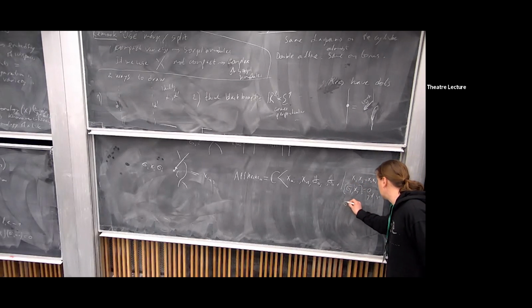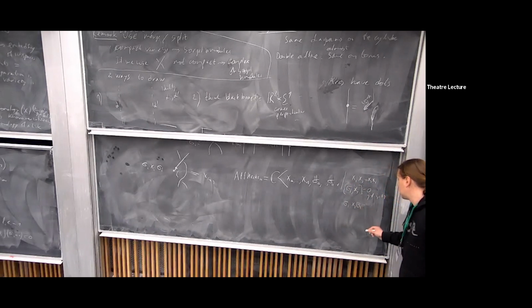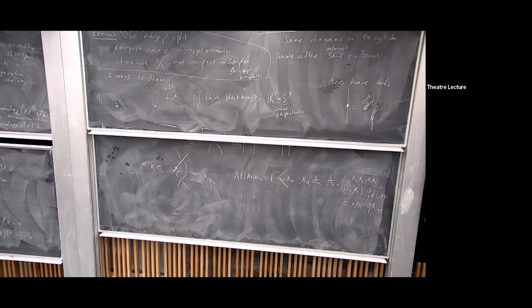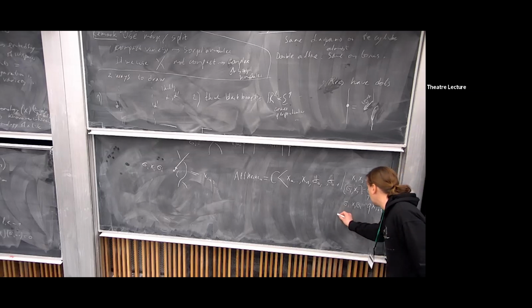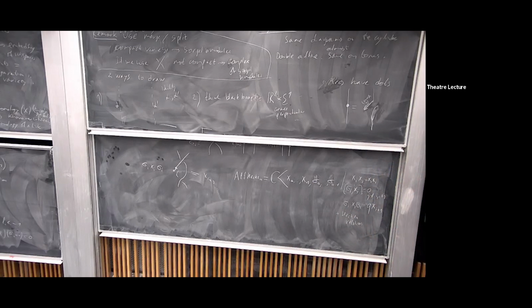Then you have sigma i xi sigma i equals x i plus 1, with this normalization, and then I think the rest is simply the usual Hecke algebra relations. Okay.